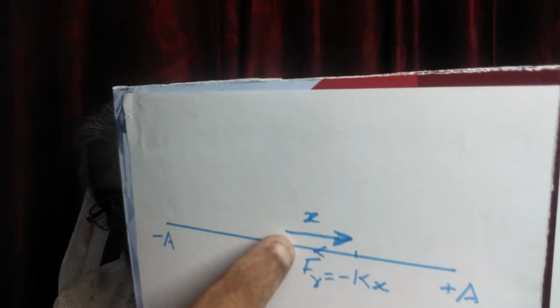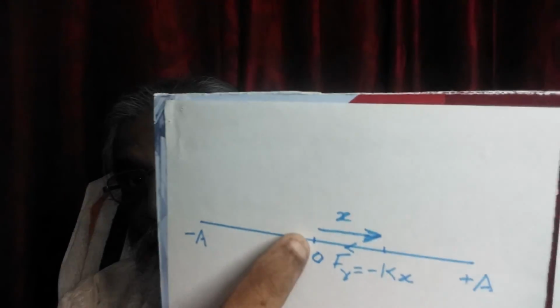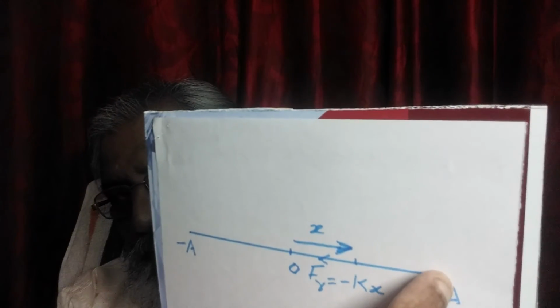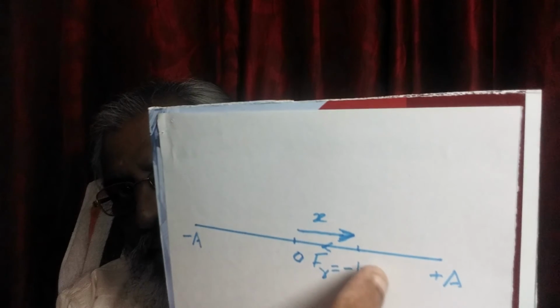and this is the reason how vibration takes place. Now, another point. When the load moves from A to O, the spring is also pulling the load towards O. This doesn't mean that the restoring force is in the same direction as the displacement x, because x is always measured from O. When the load is moving from A to O and it comes to this point, its x value is this, but the force is in this direction.